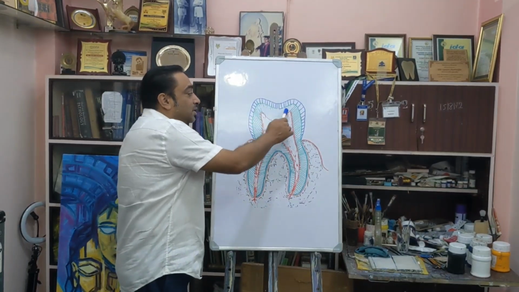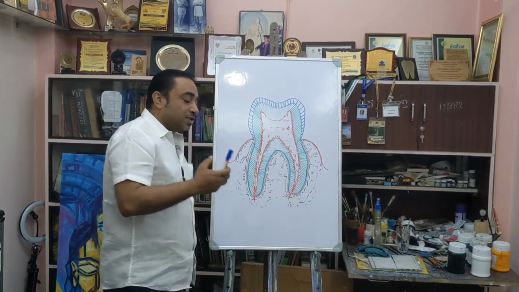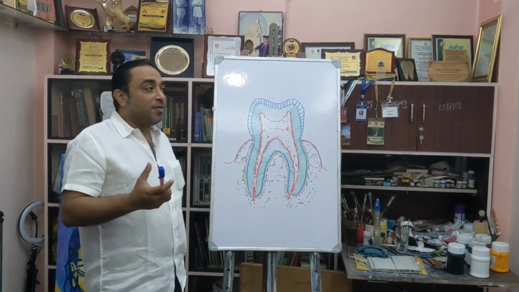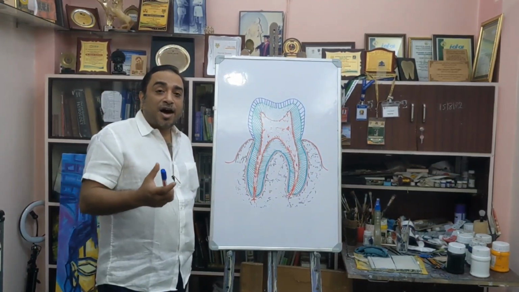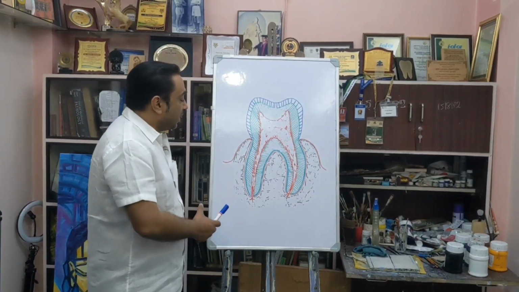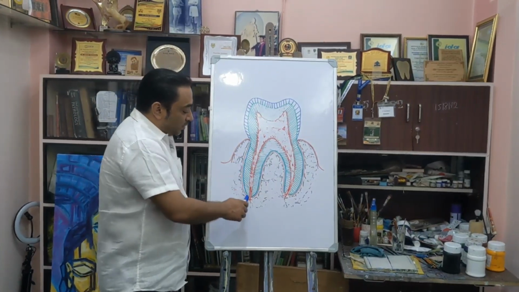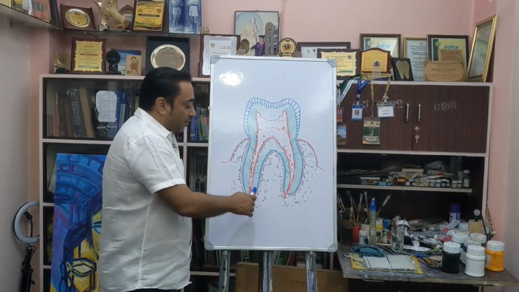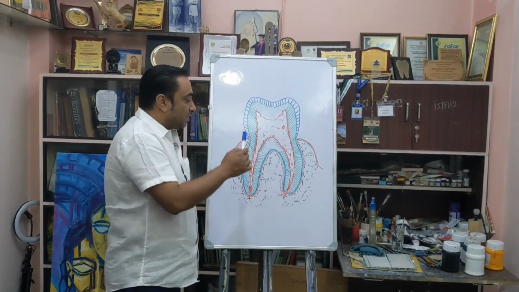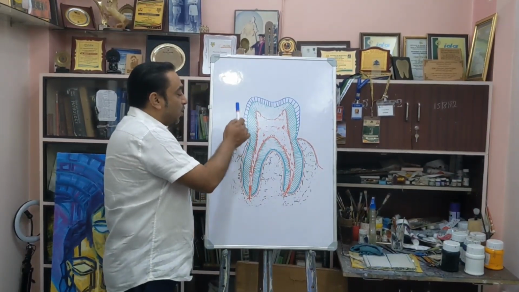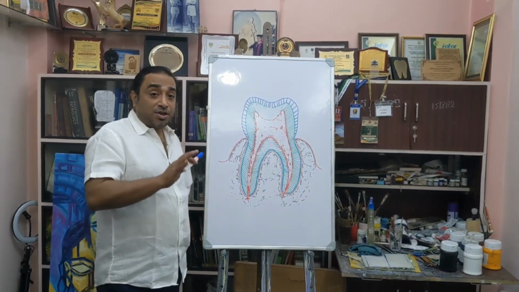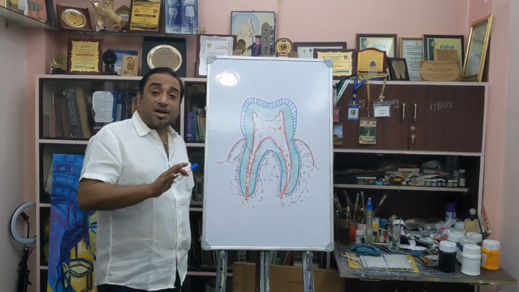The main constituent, the bulk of the tooth, is formed of live hard tissue, which is dentine, which is covered on the root by a thin layer of slightly harder tissue called cementum. On the top there is a tissue which is just a cover.